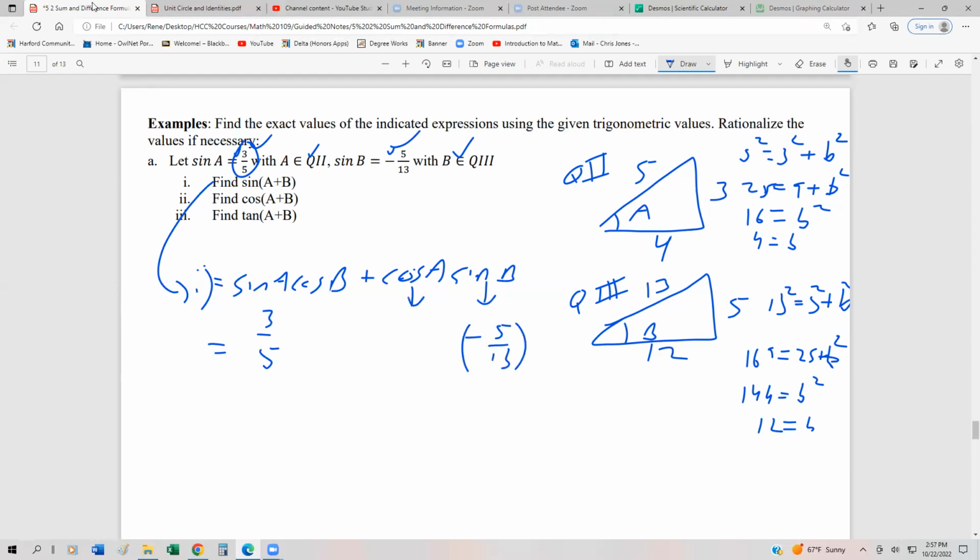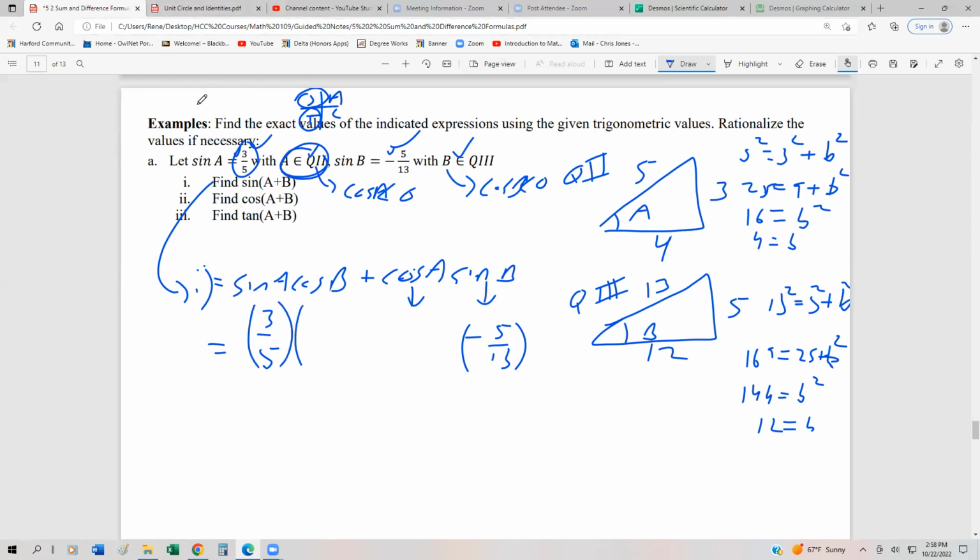The cosine of A. Now, in quadrant 2, remember our all students take calculus. In quadrant 2, only the sine function is positive, and in quadrant 3, only the tangent function is positive. What that means is in quadrant 2, we know that the cos is negative, so the cos of A is negative, and in quadrant 3, the cos of B is also negative. Now we can substitute those values back in.